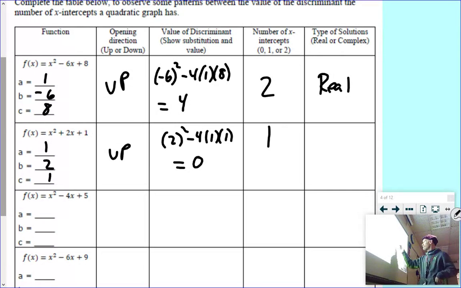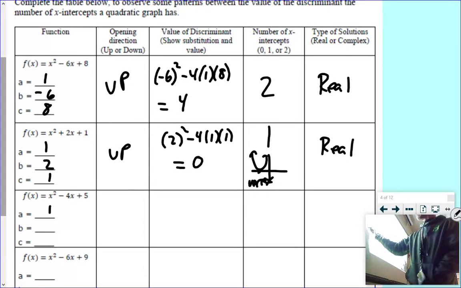In fact, that means the vertex is sitting right on the x-axis, so if you graph it, it looks something like this. That x-intercept is going to be at the vertex. But I don't care if it crosses or just touches, it is still an x-intercept and it's still a real number.